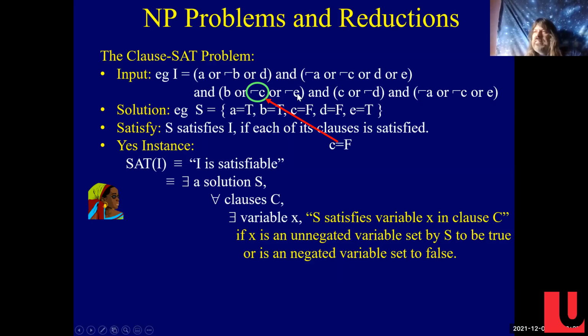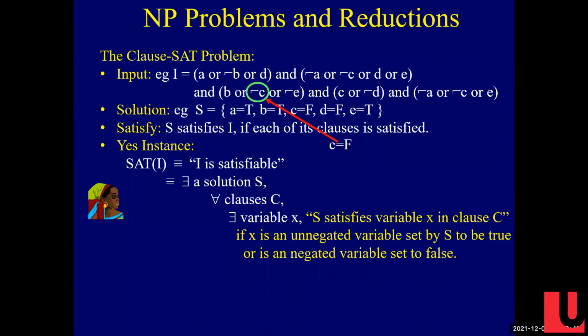I name one of its literals, one of the variables in it. I show that the variable is negated in this clause, and I show that I set that variable to false, right? That proves that this clause is satisfiable, right? Did that answer your question? Yes.